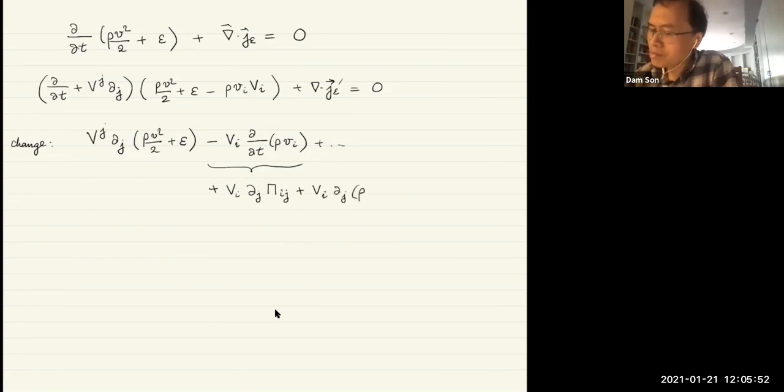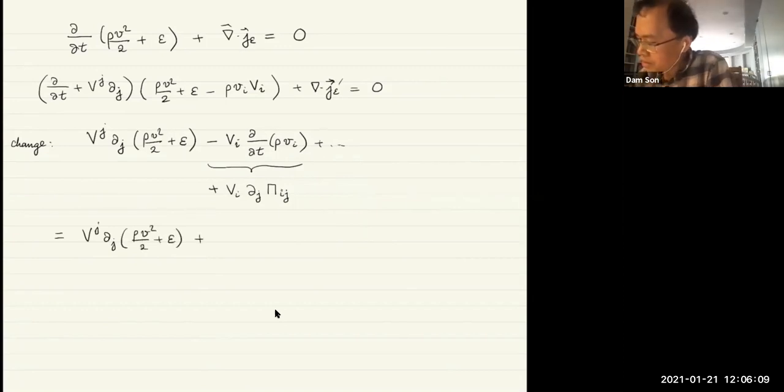Oh, I'm sorry, it's actually only this. But I can rewrite this as Vj dj of rho v squared over 2 plus epsilon, taking into account my knowledge of the constitutive relation of the stress tensor, which is P delta ij plus tau ij.